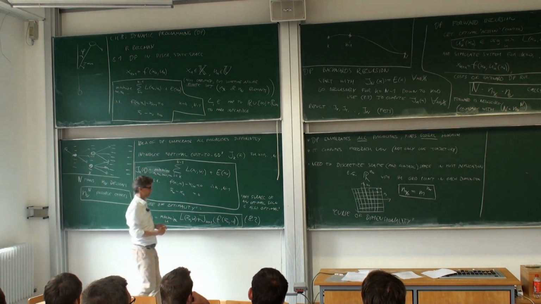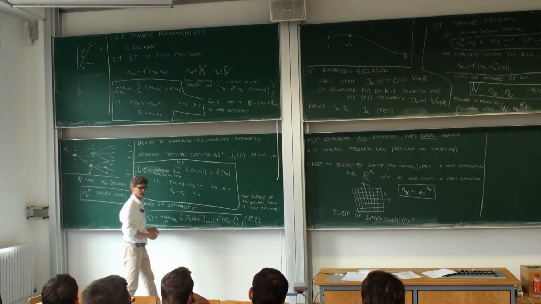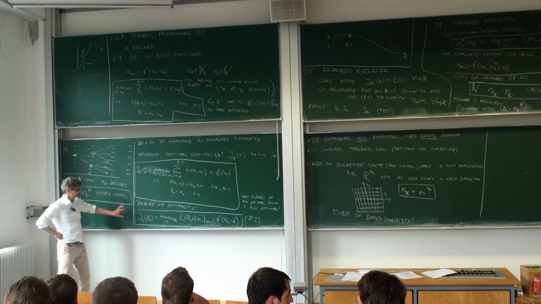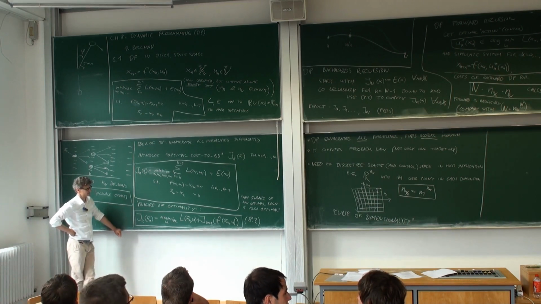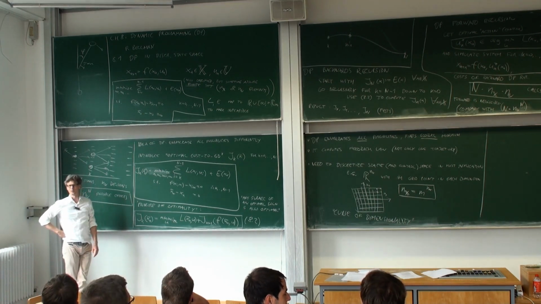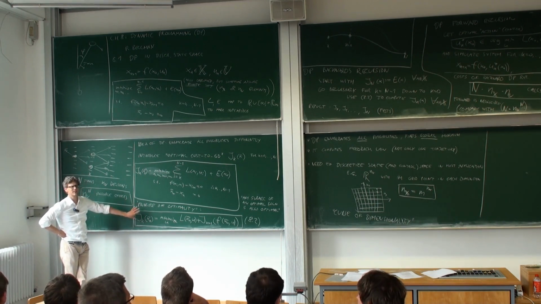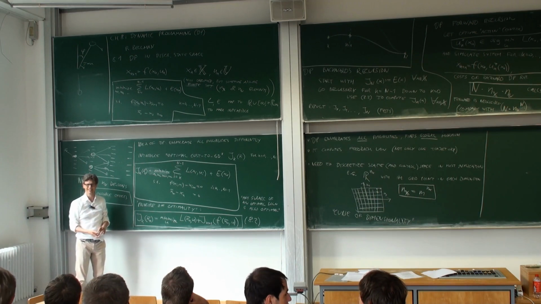So the key is this recursion, and I think it's trivially true, so to say. But this is the key. If you find that not logical, then of course you will doubt that DP works.